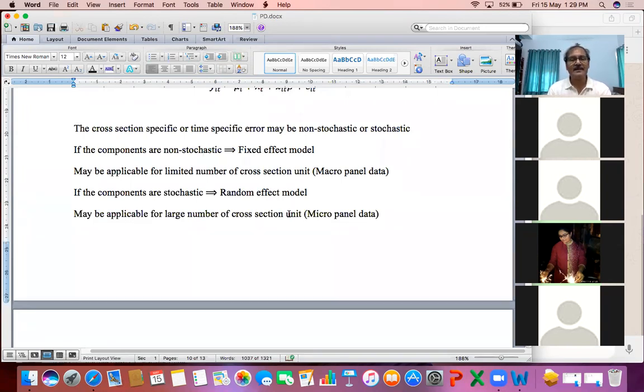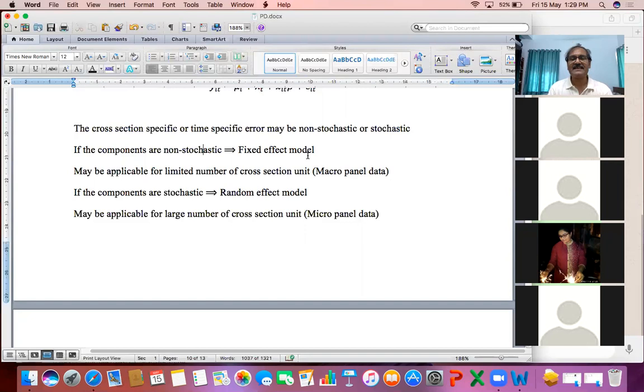If your cross-section units are micro units, then you have micro panel data. In the case of macro panel data, the number of cross-section units is limited. Obviously, the number of macro units is limited as compared to the micro. So if you have a macro panel, in that case your panel data regression model may be a fixed effect model.